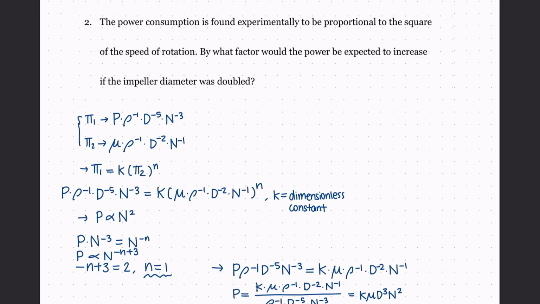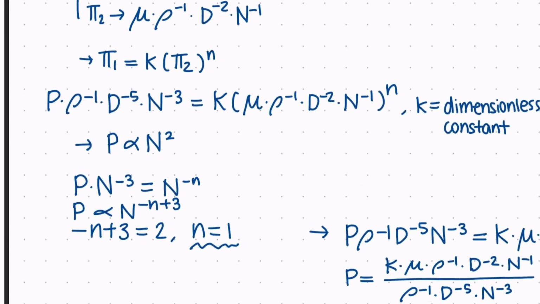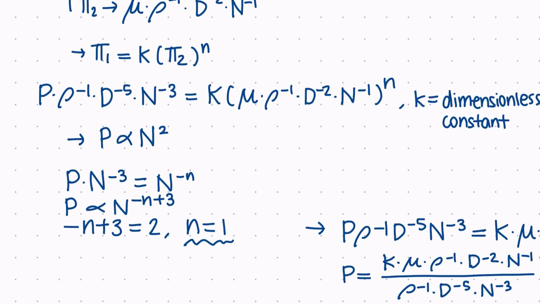Now we can use the given condition, which is that the power consumption is found experimentally to be proportional to the square of the speed of rotation. So power is proportional to the square of the speed of rotation, n squared. We will use the p and n terms from the above equation. So we will have p times n to the third equals n to the negative n.